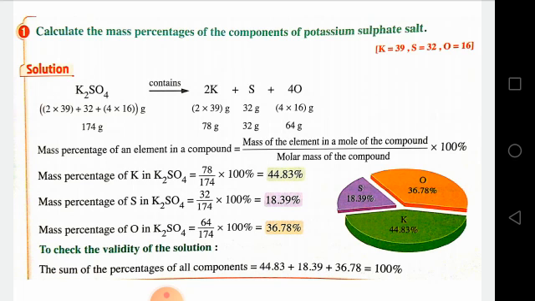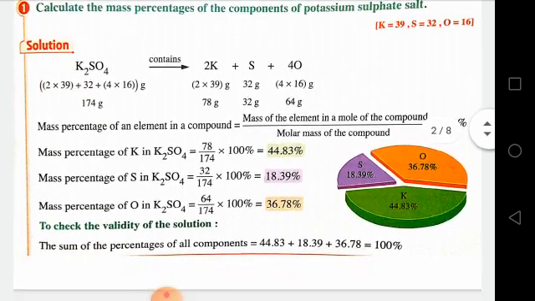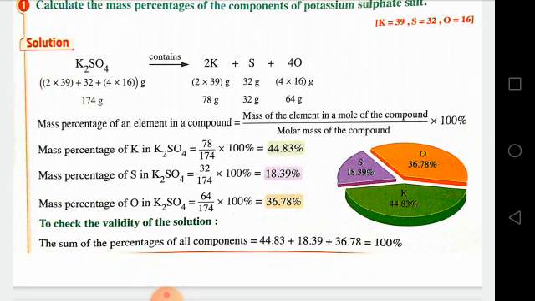So, to calculate the mass percentage of potassium in potassium sulfate, we will divide the mass of potassium in this chemical formula, 2 by 39, by 174, multiplied by 100, so the percentage of potassium will be 44.83%. To calculate the mass percentage of sulfur, repeat the same step.